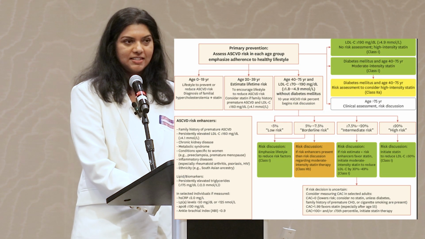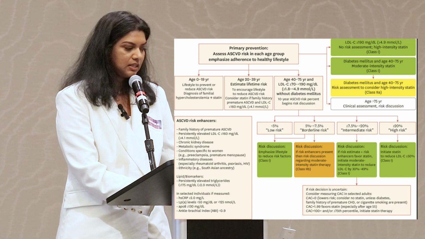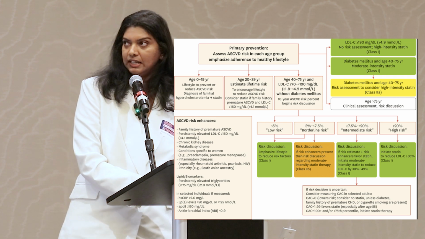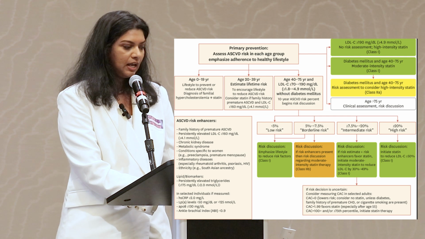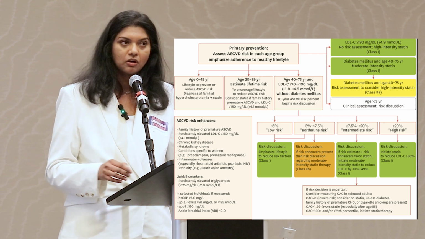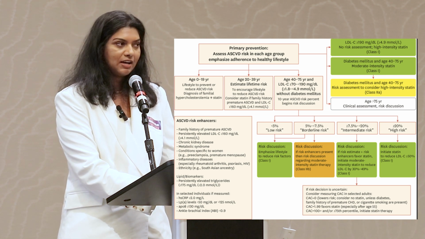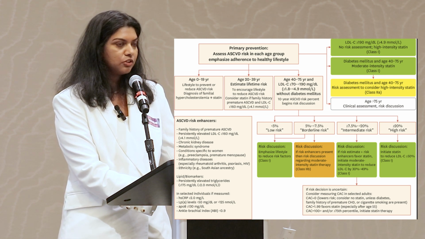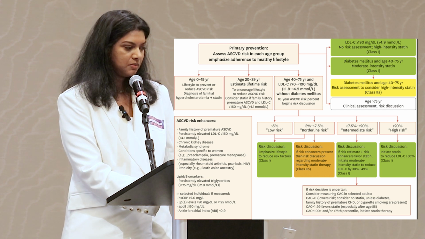So this is from the ACC guidelines for atherosclerotic risk assessment. As you can see, this places patients in low, borderline, intermediate, or high risk. I want to tell you about this table on the right-hand side that shows ASCVD risk enhancers. Your risk enhancers can really help with those borderline or intermediate patients and add context that's personal to the patient themselves.